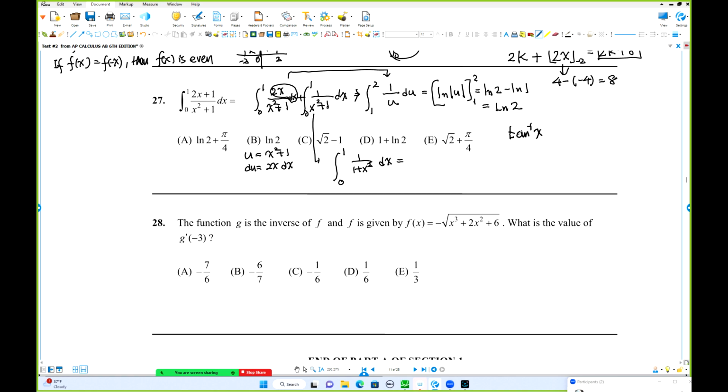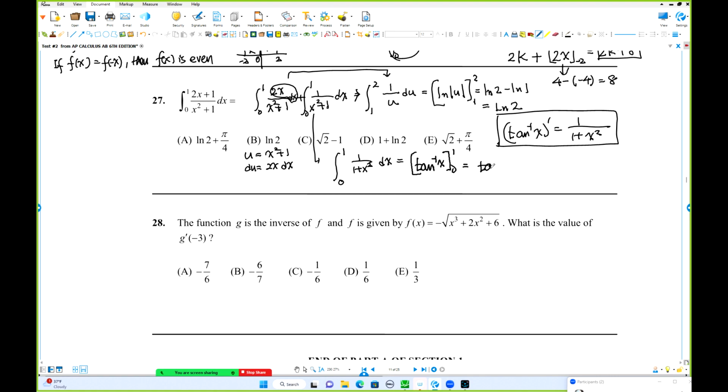Arctangent x, whose derivative equals 1 over 1 plus x squared, okay? So the antiderivative of this function will be arctangent x. We take the integral from 0 to 1.